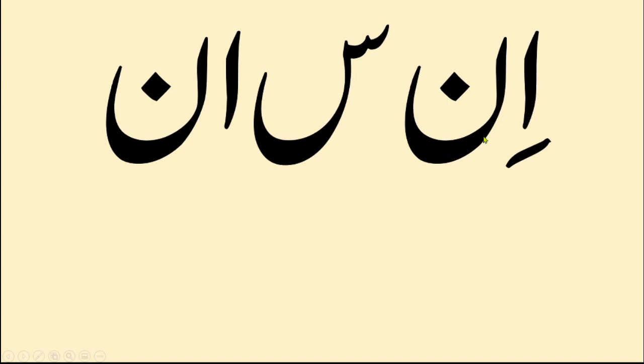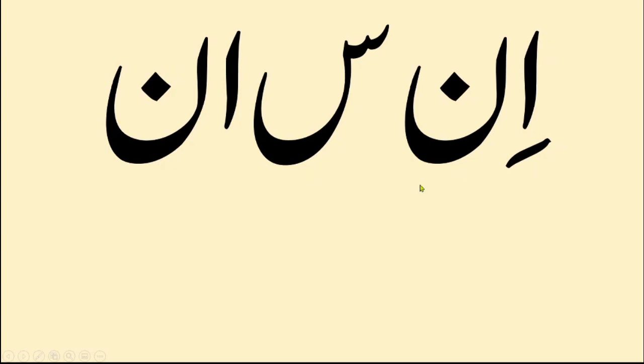Look at this word. Alif, noon, which is n, sin, which is s, alif in the middle is a, and noon again n sound. Now this zer gives you I sound, so it says insan. It doesn't say ansan, it says insan. So alif is not giving you a sound here. This zer is giving you I sound here.